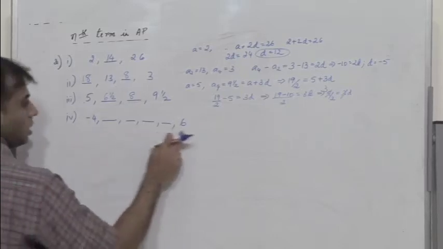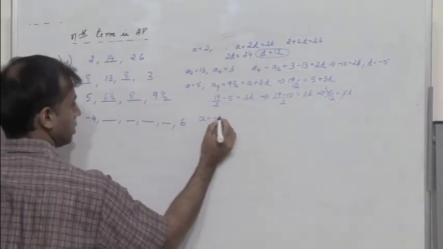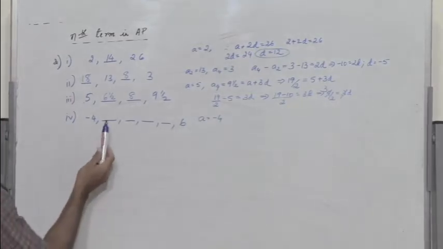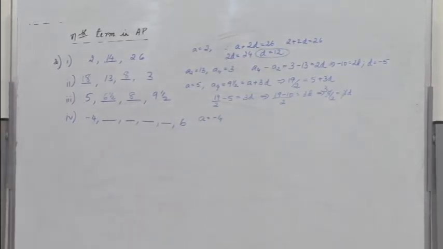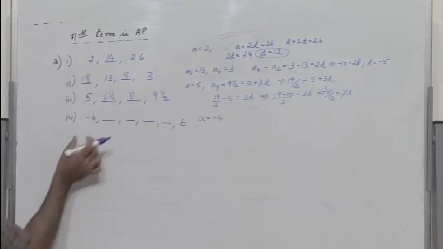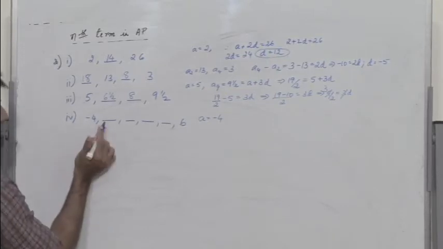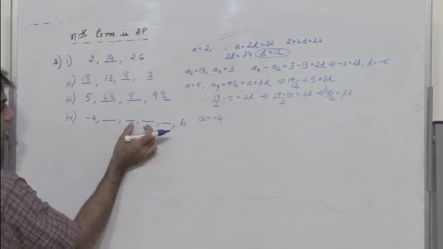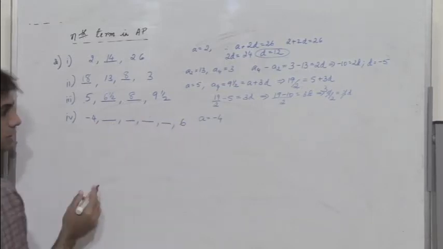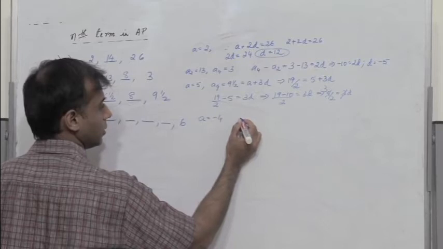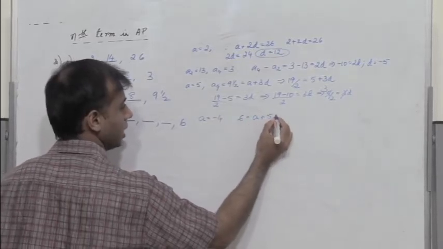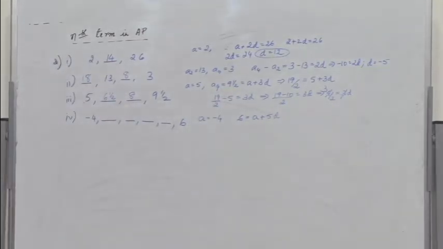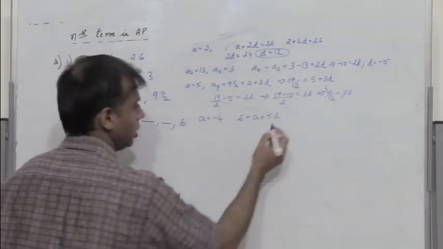So here in this, A is minus 4. So this is the second, third, fourth, fifth, sixth term. So A6 is 6. So how many D's difference do I have? 1D, 2D, 3D, 4D and 5D. Okay. So I have 6 is equal to A plus 5D. So let me substitute the value of A here.